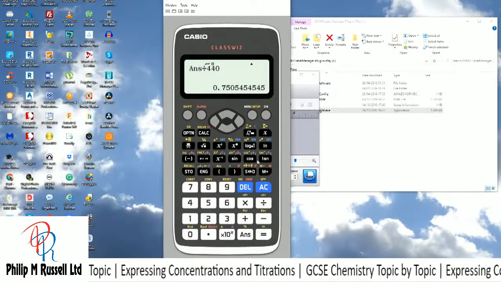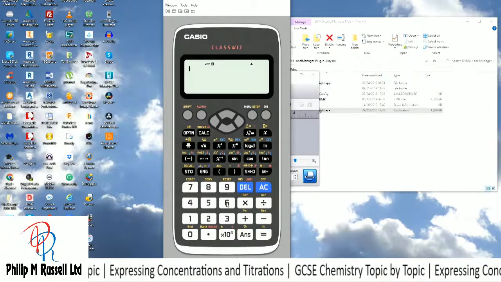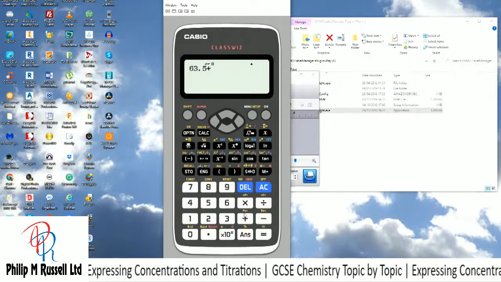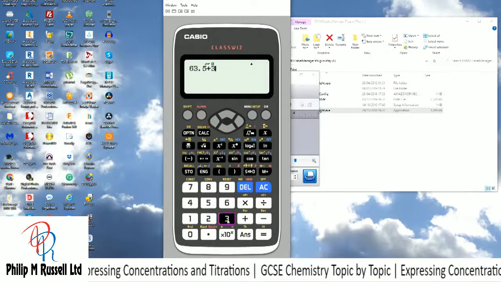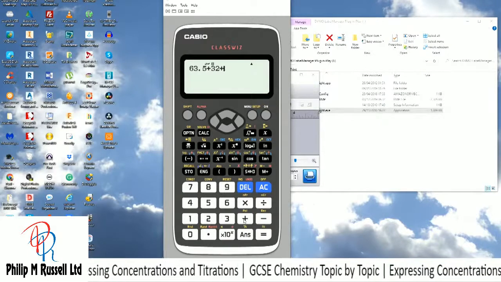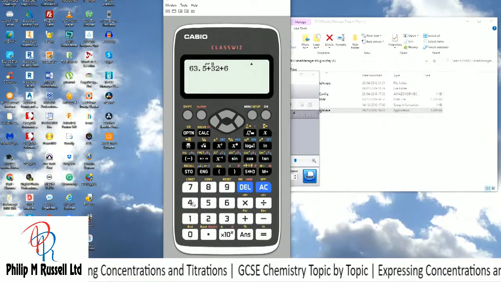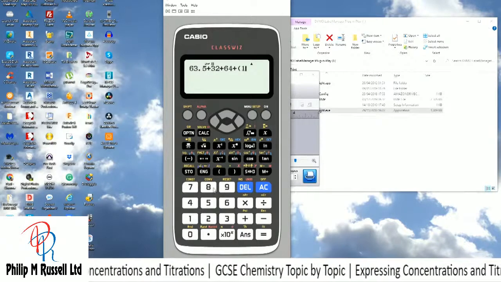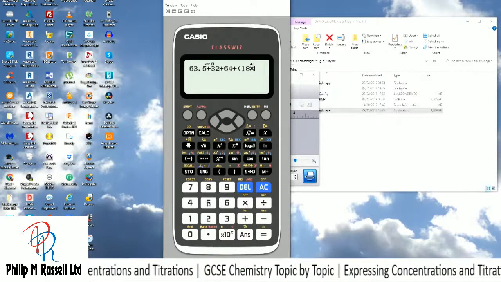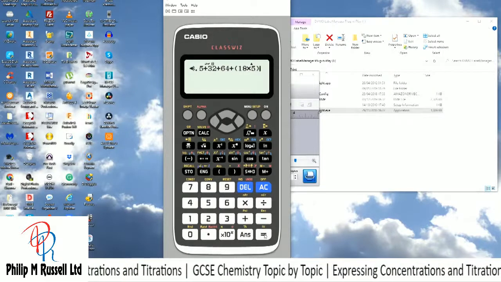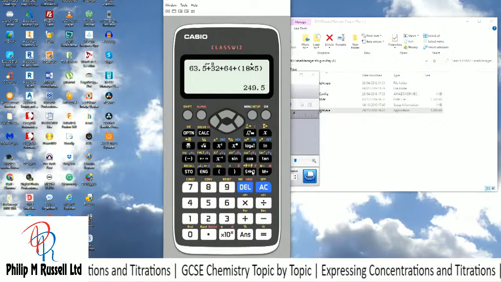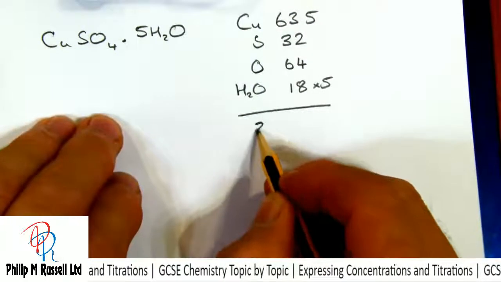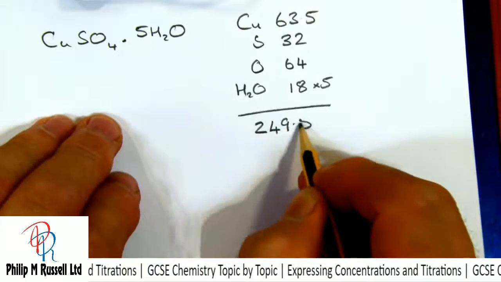So our calculation is going to be 63.5 plus the sulfur, which is 32, plus the oxygen, which I've worked out is 64, plus we've got water, which is 18, and I've got 5 of those, so I'll put those in brackets and we work out what this is, and it comes out at 249.5.